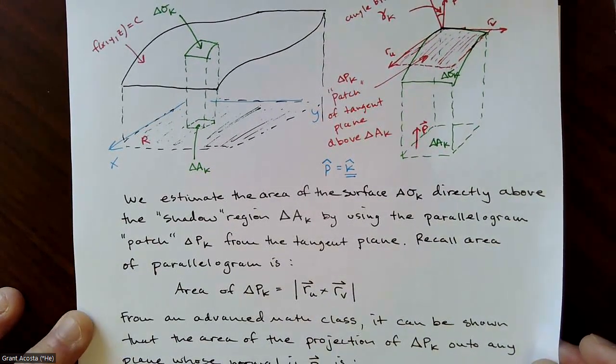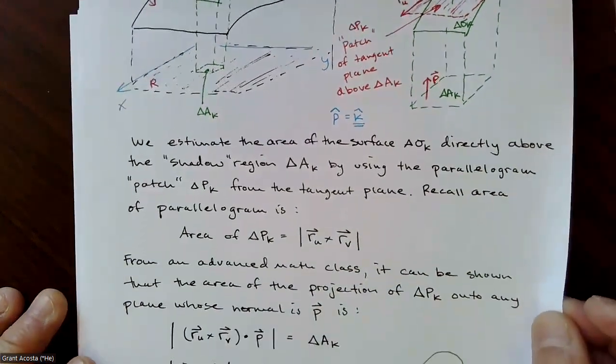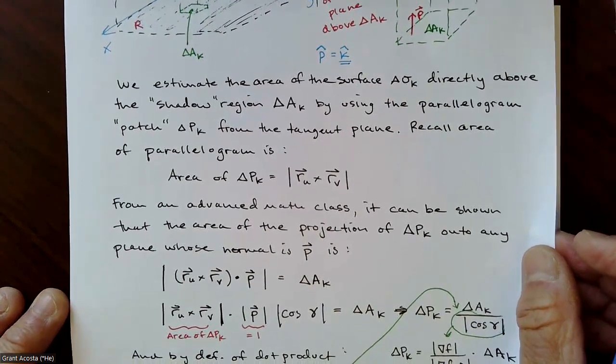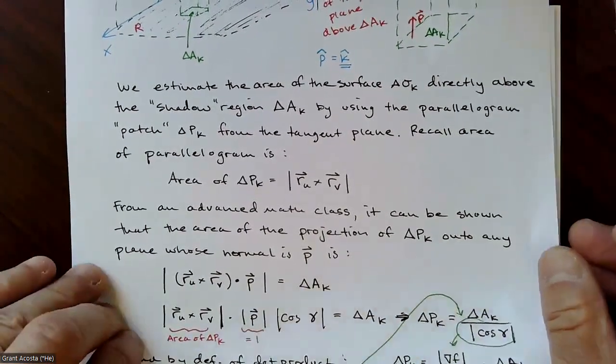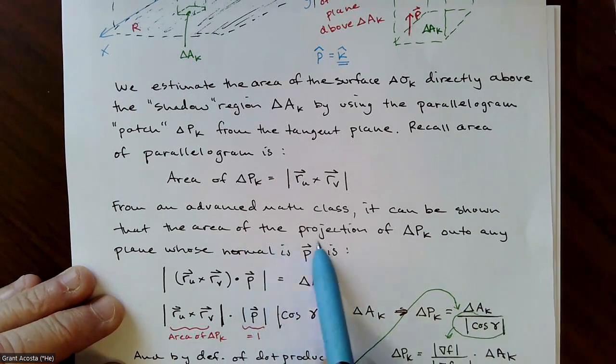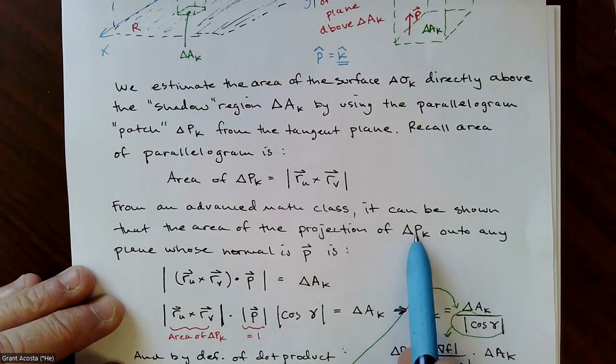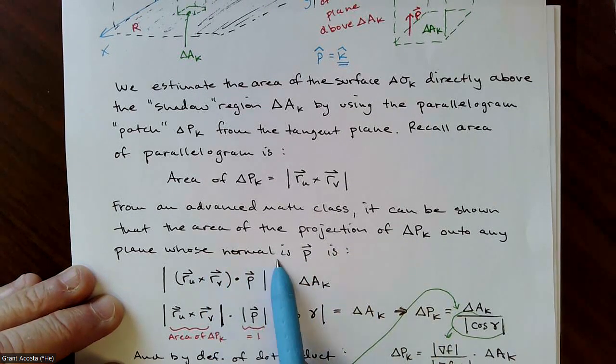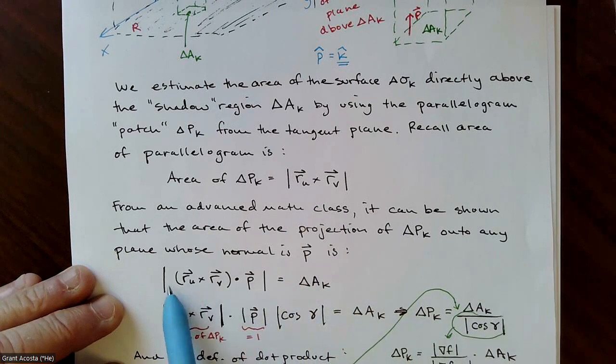Now, the part that's a little bit tough with this formula is you need an advanced math class to show that the scaled area of the projection from your patch of the surface onto the projection plane, the plane whose normal is p, is given by the magnitude of r sub u crossed r sub v dotted with p.